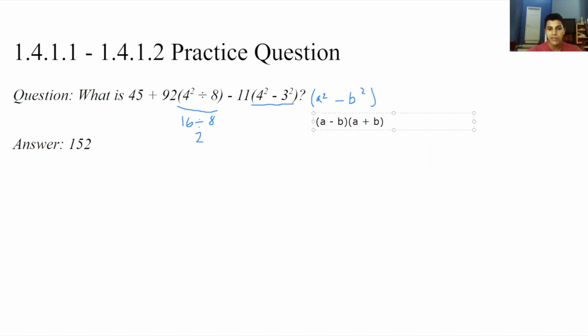Well, this is what we have here in this parentheses, 4 to the power of 2 minus 3 to the power of 2, where 4 would be a and 3 would be b, because they're both being squared and it's one minus the other. So 4 is our a. We can turn this into 4 minus 3, because 3 is our b, so 4 minus 3, times 4 plus 3.